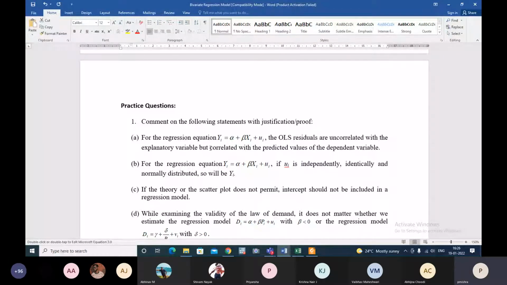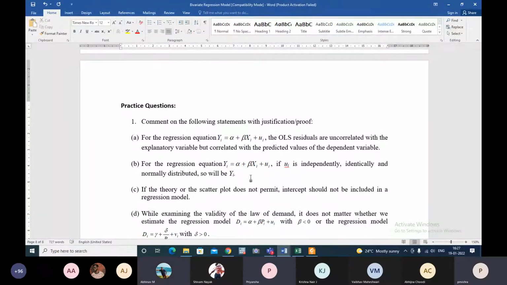In the next question, we are saying for the regression equation this, if ui is independently, identically and normally distributed, so will be yi. How will you answer this question? Sir, because alpha and xi are not random variables and the only random variable left is ui, so that's why.